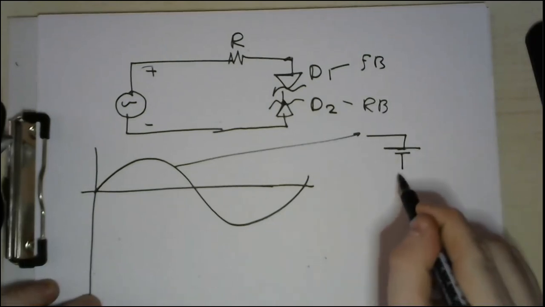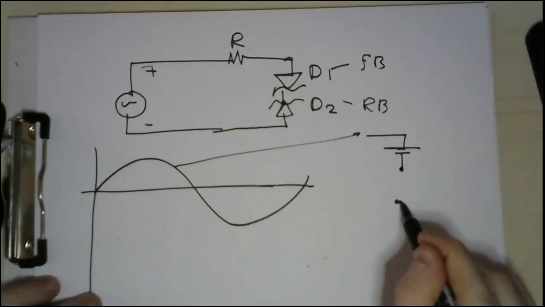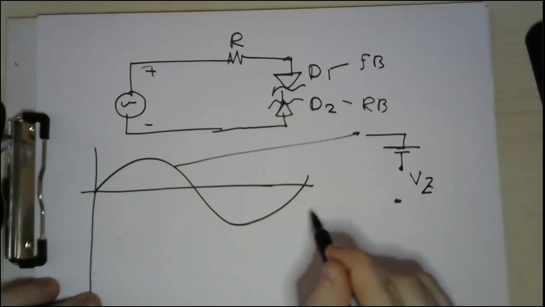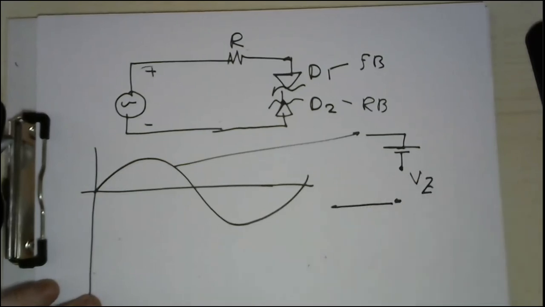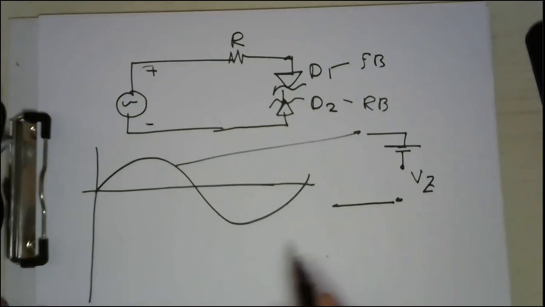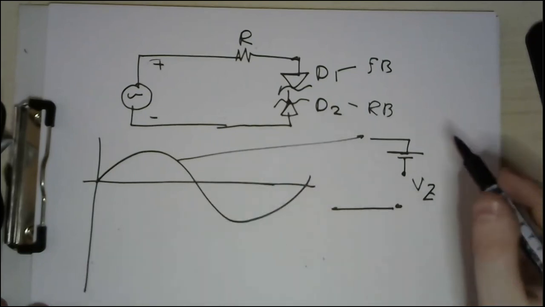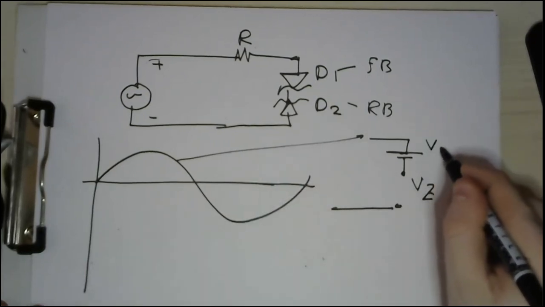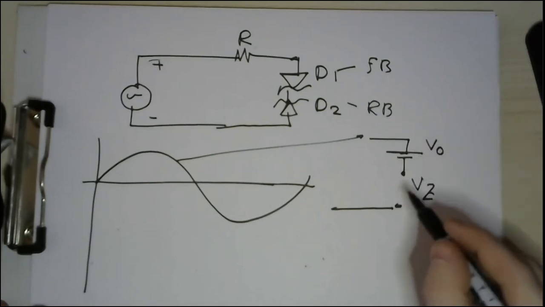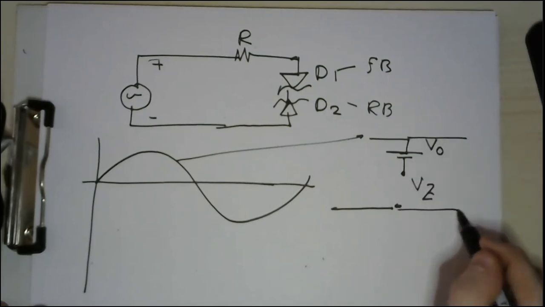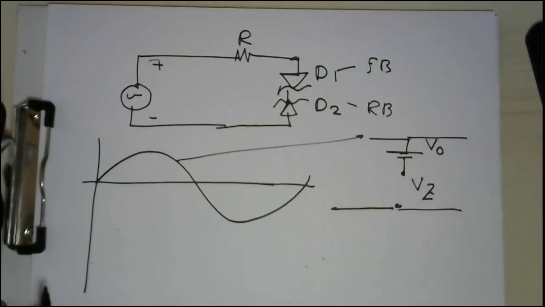So the maximum voltage here will be VZ. This is the maximum voltage that can pass. So here we have V node and here we have VZ. So the output will be V node plus VZ.